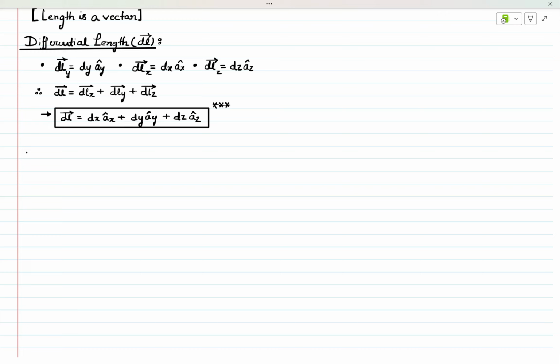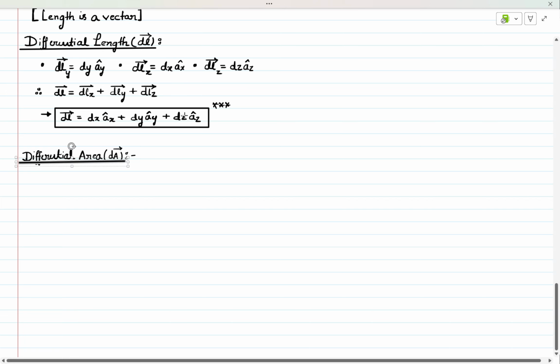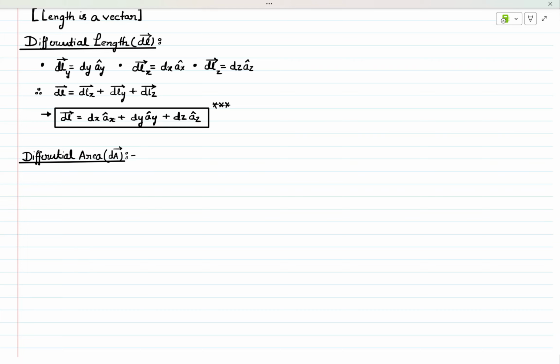So now let us consider the differential area. Okay, to understand this differential area, I am drawing the coordinate again. Actually, it is required for that.